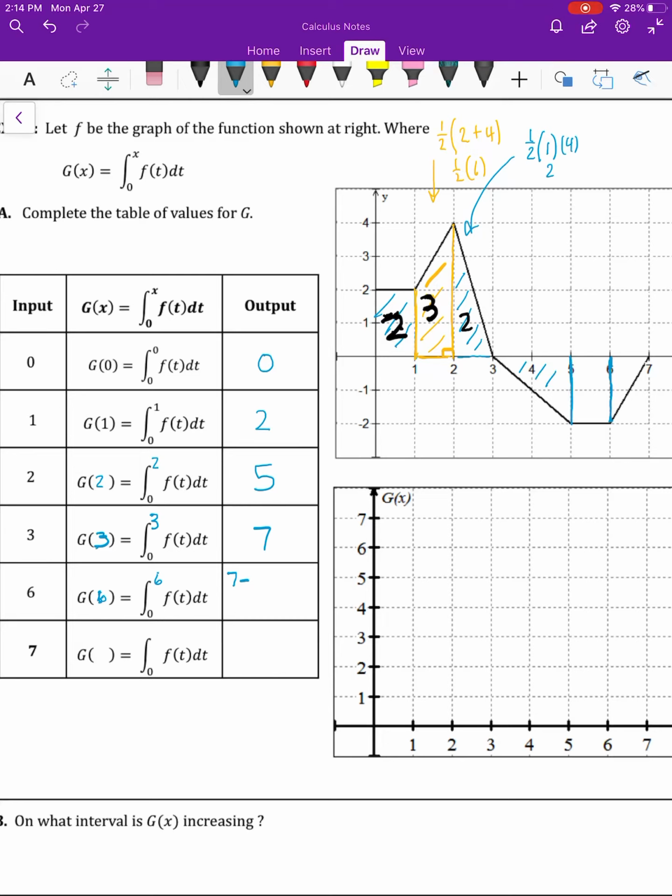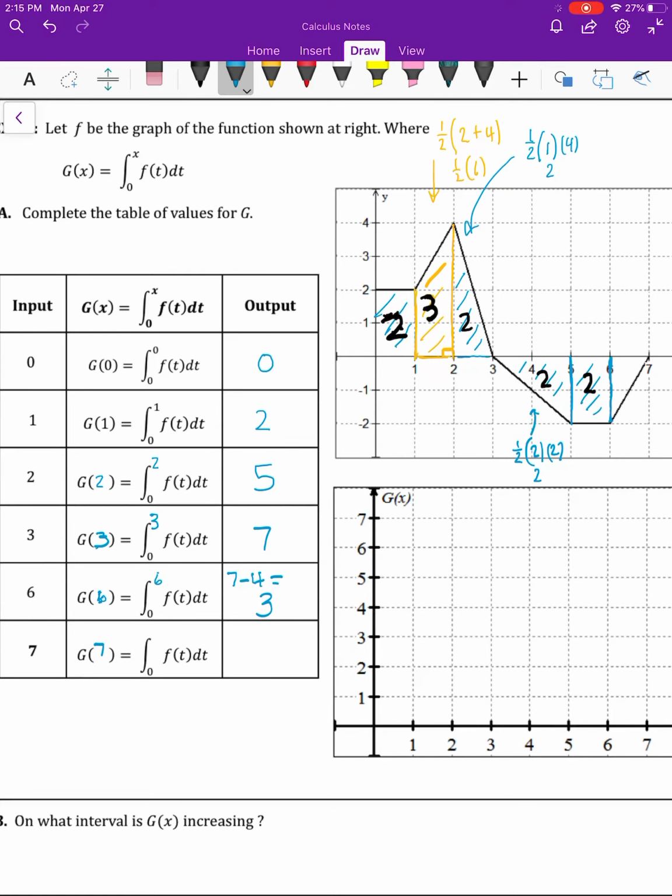We could break it up into a triangle here and a rectangle here. So our triangle is going to be 1/2. The base is 2. The height is 2. Don't worry about the negative right now. You're just going to try and figure out what that area is. And that area is 2. And then this would be 1 times 2. That area would be 2. So you have a total of 4 that is negative. So 7 minus 4, your integral from 0 to 6 is 3.